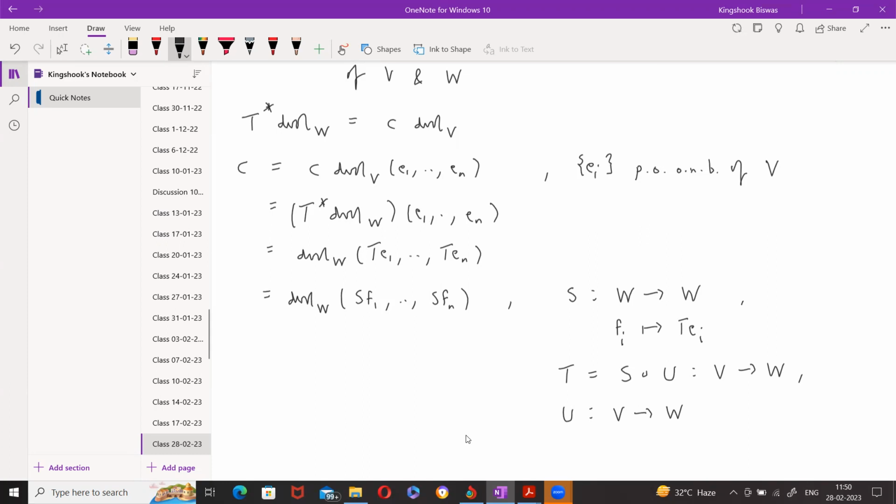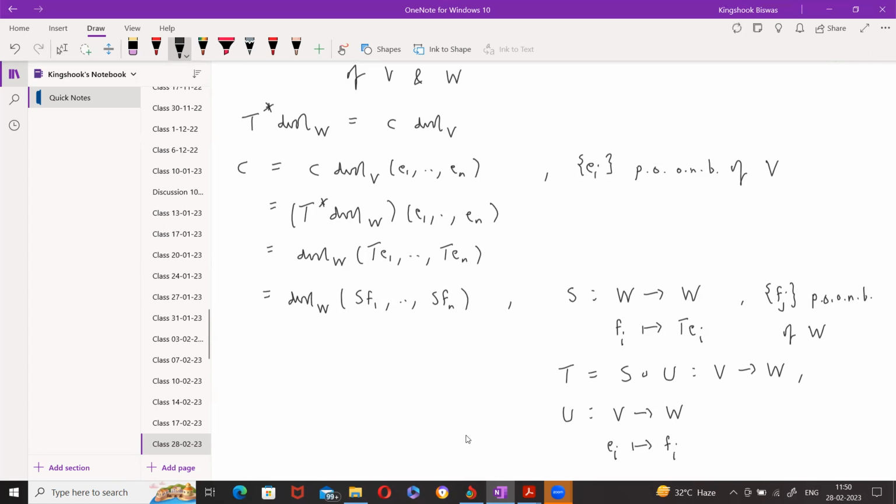So here Fj is a positively oriented orthonormal basis of W, and U is the unique linear map which sends ei to Fi.